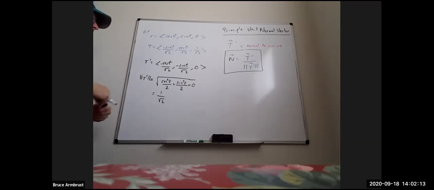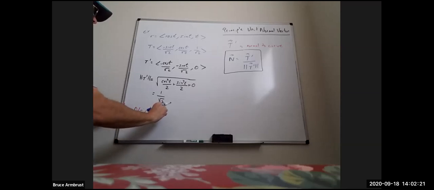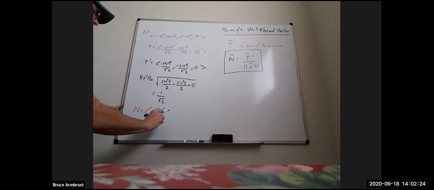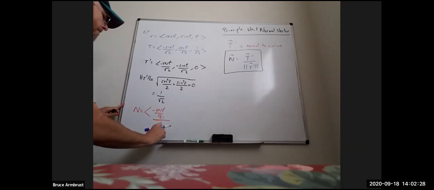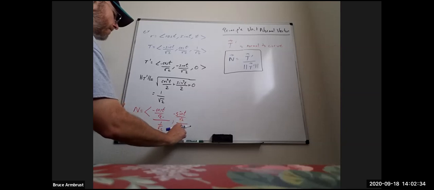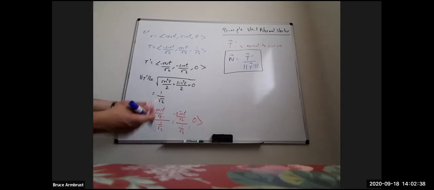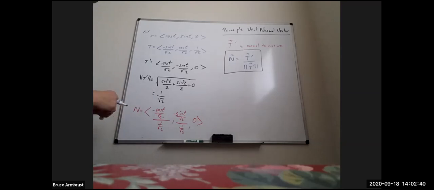So to get N, I need to take T prime and divide it by this. So we're going to have minus cosine of t over root 2 divided by 1 over root 2, comma, minus sine of t over root 2 divided by 1 over root 2, comma, 0 divided by 1 over root 2.